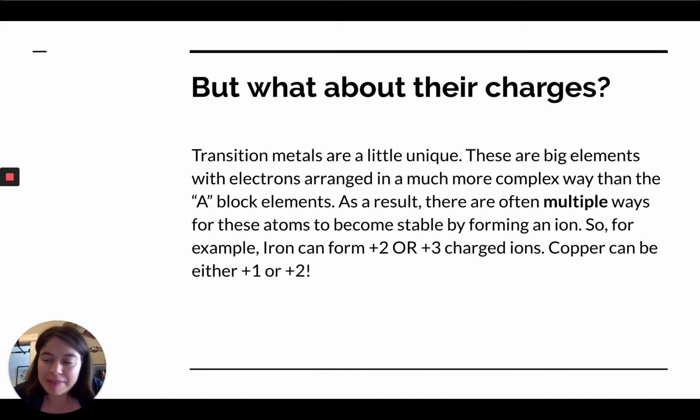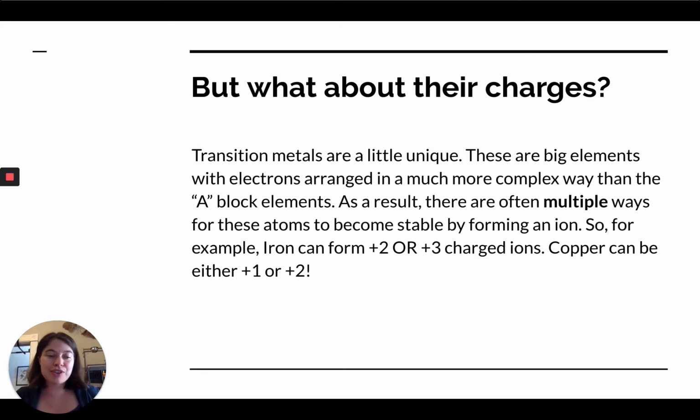So normally, right after I have you fill in those elements on the periodic table, we start talking about what kind of charge atoms in that group have if they form ions. I said before that the transition metals were a little bit more complicated than the A groups.